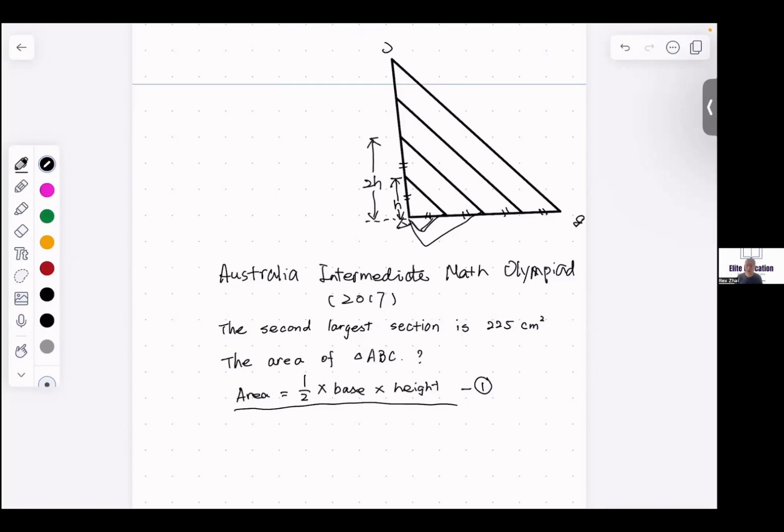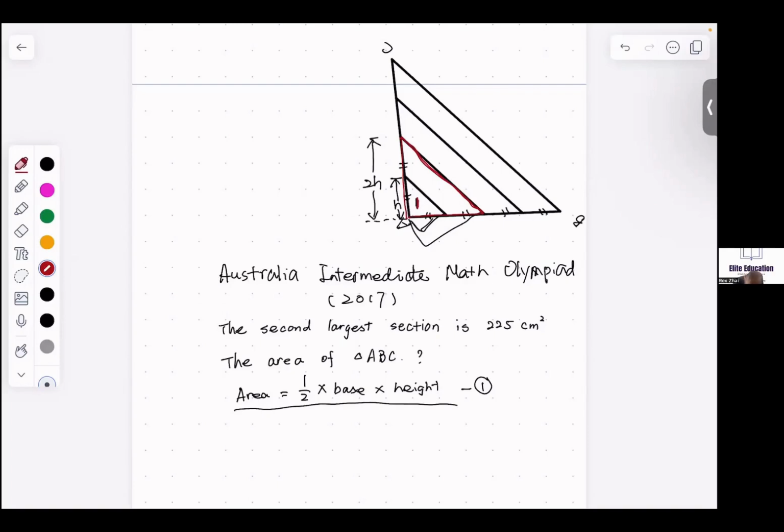So from this point of view, if the smallest triangle's area is 1, then the larger one, the ones here, because the base is doubled and the height is doubled, the area will be 4 times as much. Since this is 1, then this must be 4.